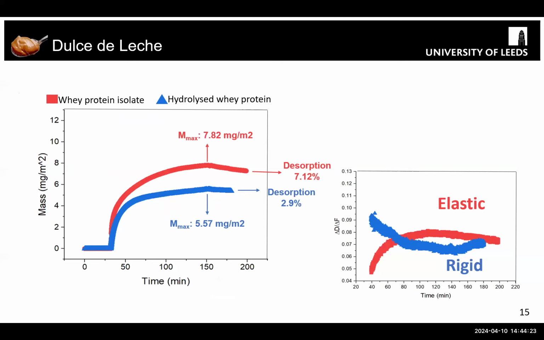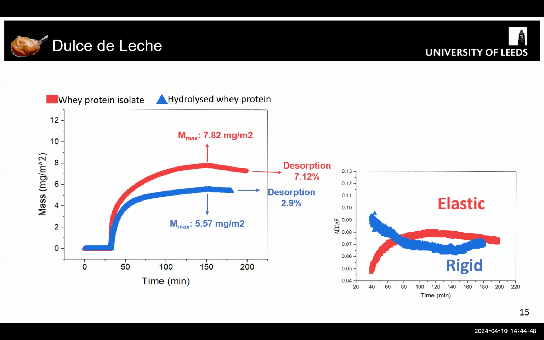Then we have also done some QCMD analysis. For those of you who are not familiar with it, it is essentially adsorption measurements onto hydrophobic surfaces that resemble the hydrophobic nature of the tongue. We are able to see how much mass is adsorbed of, in this case, these 2 proteins.